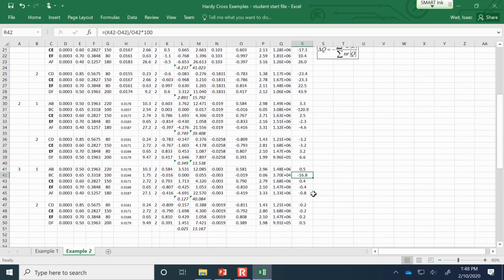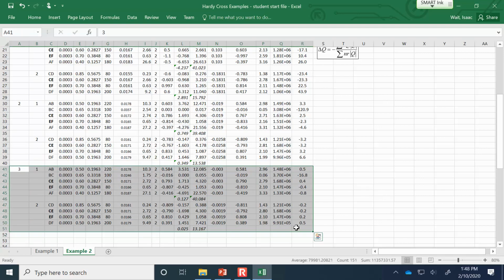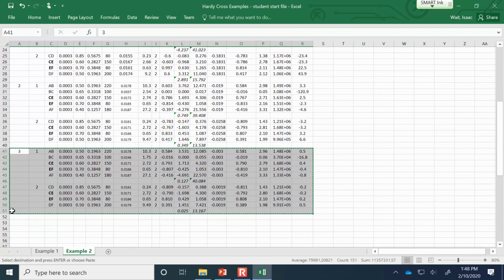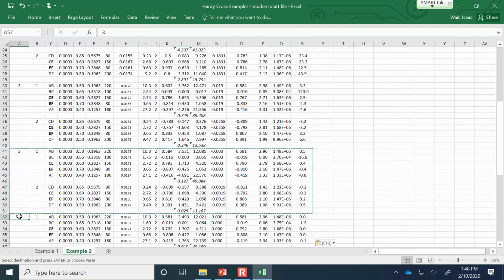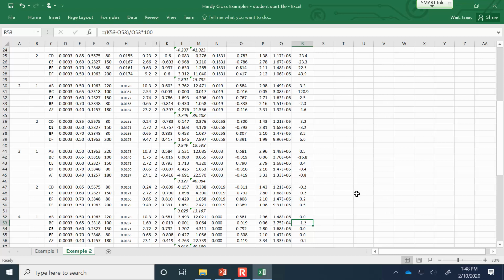Everything else is down to 1%, but pipe BC isn't quite there yet, simply because the flow rate is so small. So if we go into a fourth iteration, Control C, Control V, then here in the fourth iteration we see that we're about 1%, even for that pipe BC that was being problematic before.